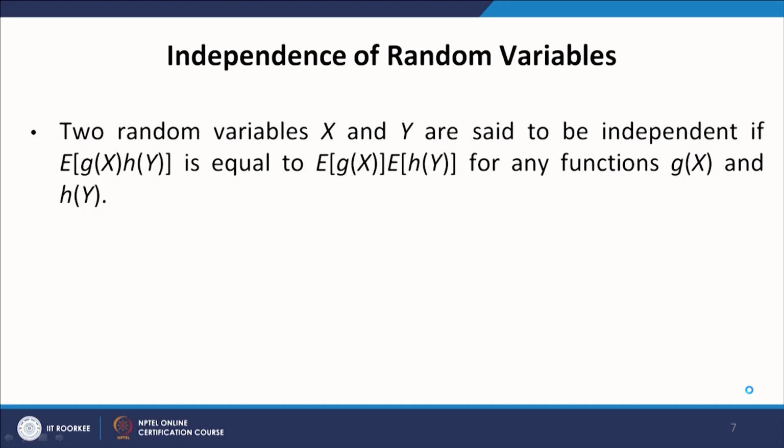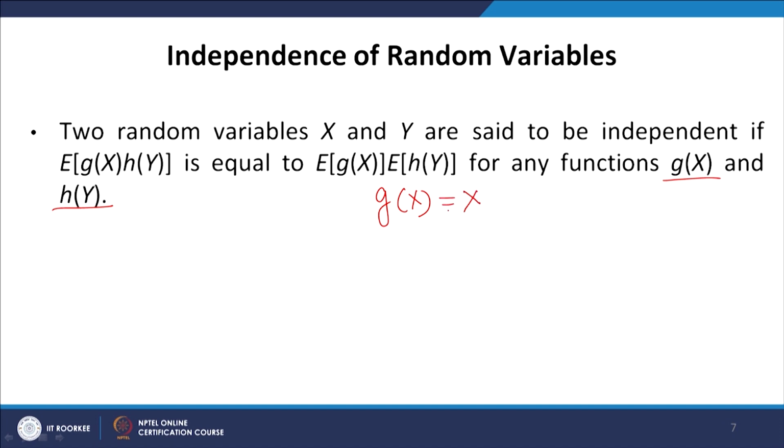Now, we talk about independence of random variables. Two random variables x and y are said to be independent if expected value of g(x) multiplied by h(y) is equal to expected value of g(x) multiplied by expected value of h(y) for any functions g(x) and h(y). So, g(x) and h(y) here refer to any general functional form of the two random variables x and y. So, g(x) basically refers to some functional form of x.